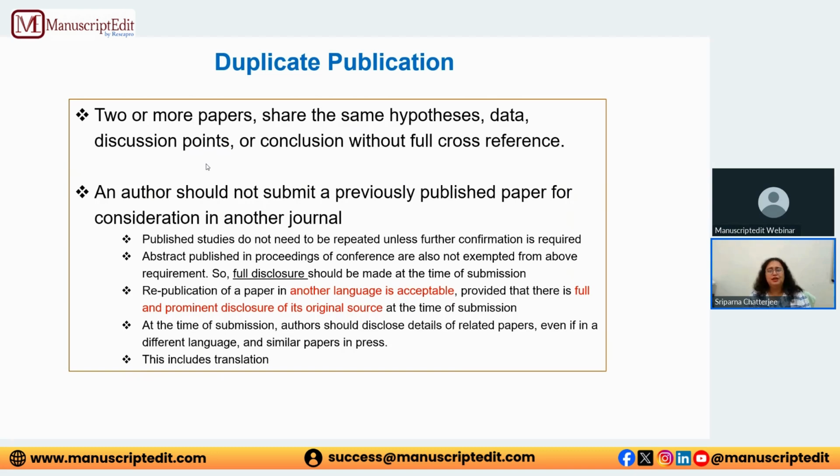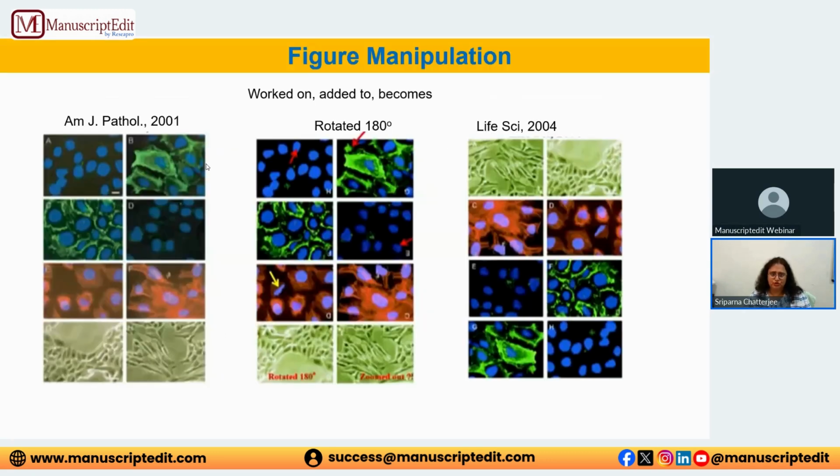But in today's era of the internet, all information can be obtained within a click. So there is no point in doing duplicates. Ultimately, the journal house or other people will blacklist you. So one should not do this.